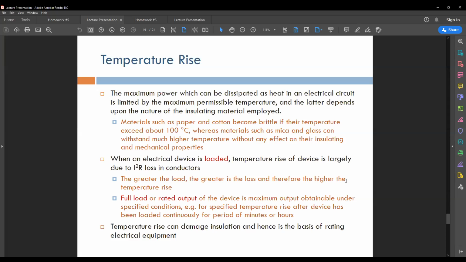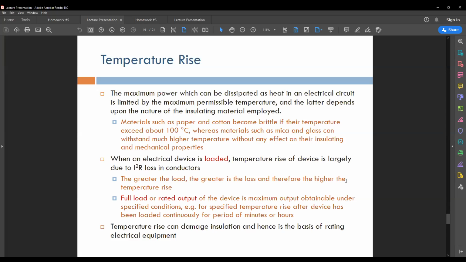Okay, so for example, if I buy an electrical distribution unit, like if you take from the AC outlet and split that into 3 different devices, usually the cable that goes from the AC mains to the distribution of power to the 3 different appliances is rated to a certain current.